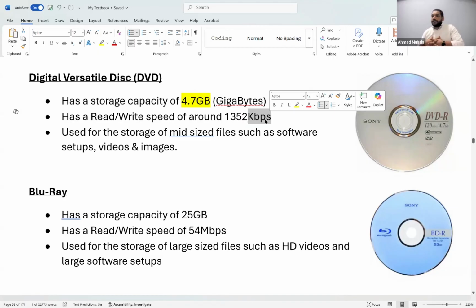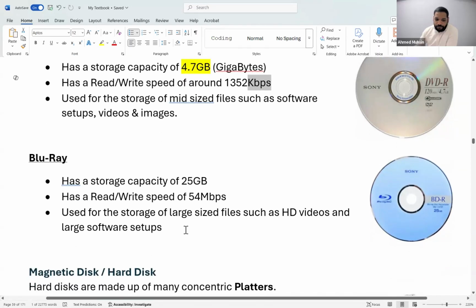Then we have something called Blu-ray, and Blu-ray has a higher storage capacity. For large software setups, like he was saying, PlayStation game setups, it's a very big file size, so they will be using Blu-ray. Then for example, movies in very high quality, 4K quality, they'll be using Blu-ray. Everybody okay with this?